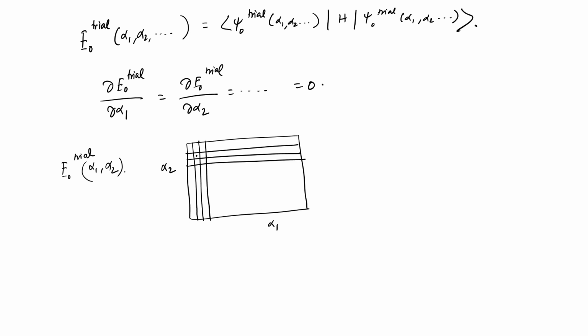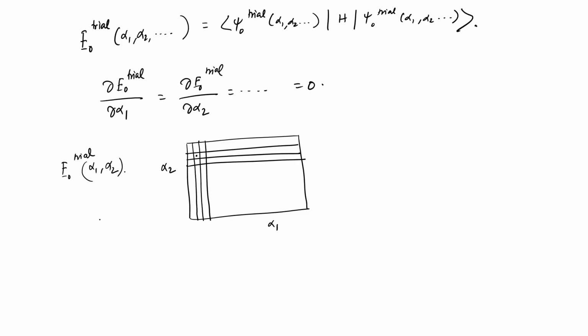If you do not do that, then alpha 1 and alpha 2 are a little far away from where E0 is truly a minimum, and that will defeat the purpose, and the corresponding psi 0 trial that you get would not be a good wave function to give you the tightest bound to the ground state energy. So, it is always a problem if you have more than one variational parameter.